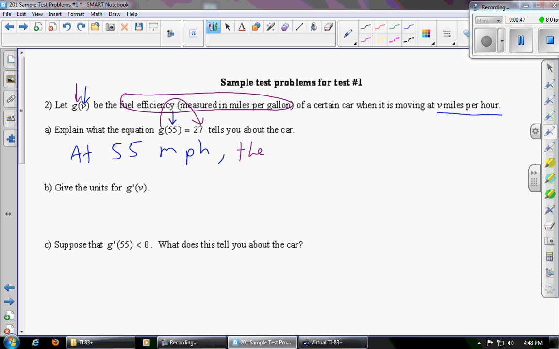So at 55 miles an hour, the car has a fuel efficiency of 27, and then we'll include units, miles per gallon.